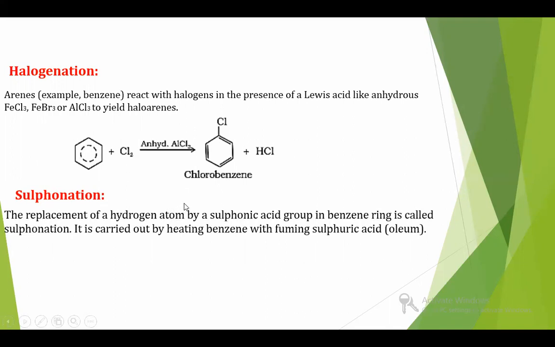The replacement of a hydrogen atom by a sulfonic acid group in the benzene ring is called sulfonation, and it is carried out by heating benzene with fuming sulfuric acid. Fuming sulfuric acid is called oleum, H2S2O7.